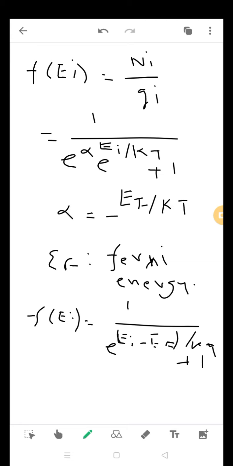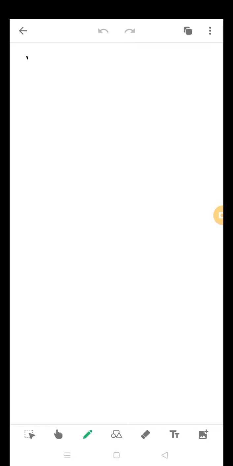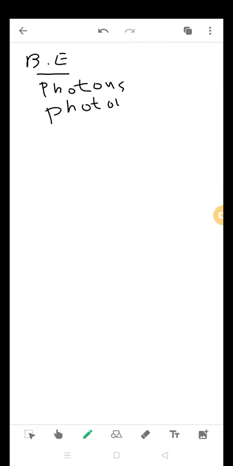Now, what are the examples? What are the particles that follow this BE and FD statistics? So let us try to understand. As we have already seen, BE statistics are followed by particles which have integral spins. So that includes photons, phonons, and also Cooper pairs.